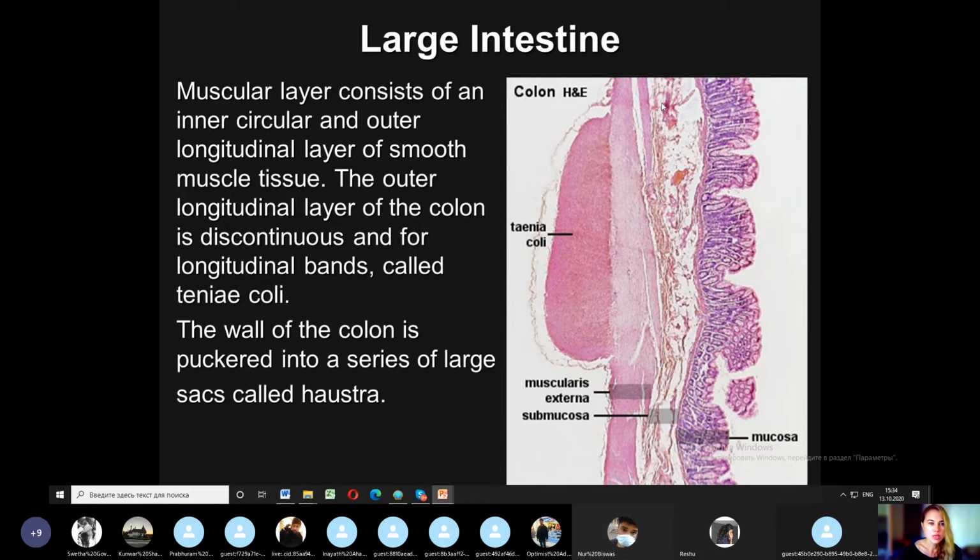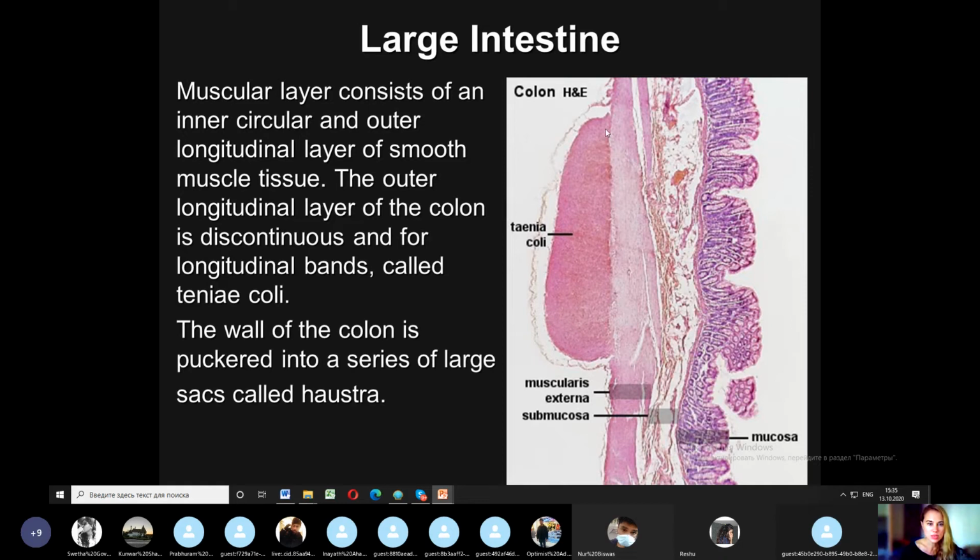Also, the tunica muscularis of the large intestine consists of two layers as well as the small intestine, the inner and outer layer. However, the outer layer is discontinuous and it forms the so-called taenia coli, longitudinal bands.